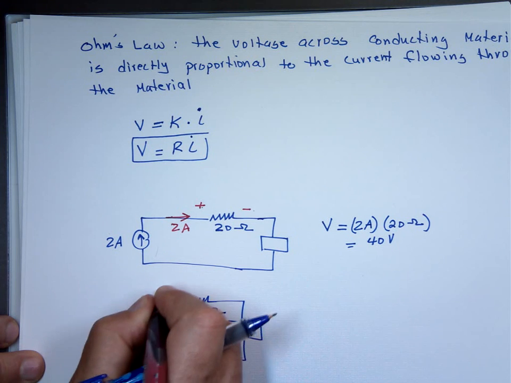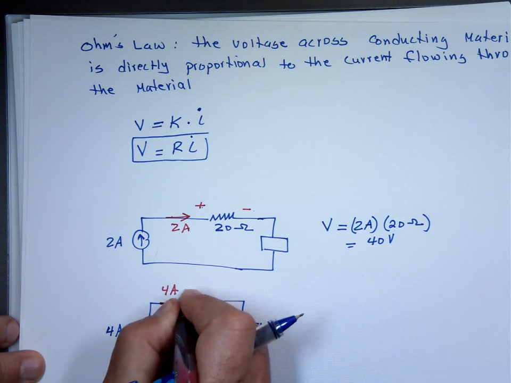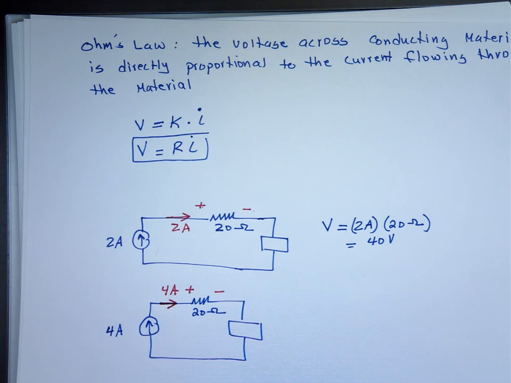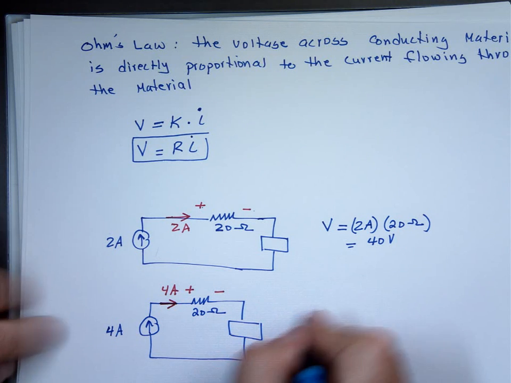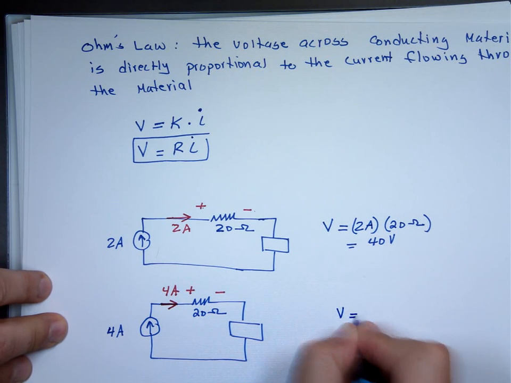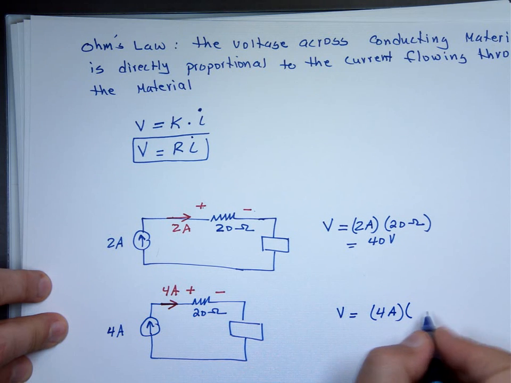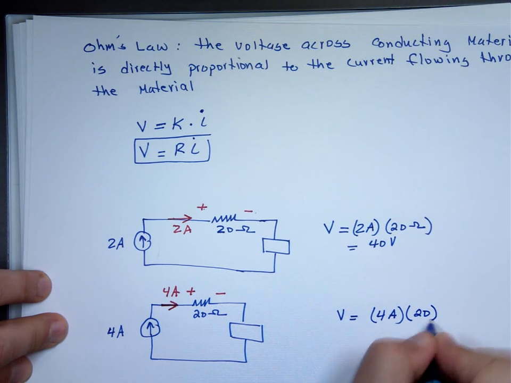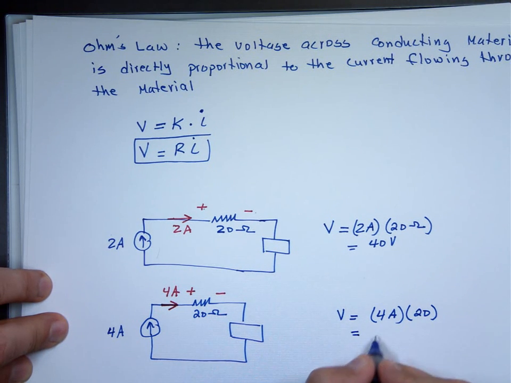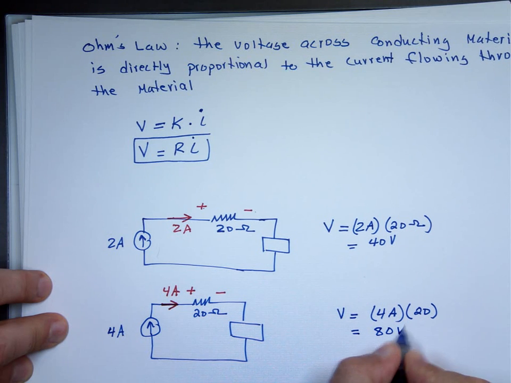And again, it's going to mark that resistor plus to minus. So the voltage here is going to be the current, which is the 4 amps, times the resistor, which is what? 20 ohms. And what do we have? 80 volts.